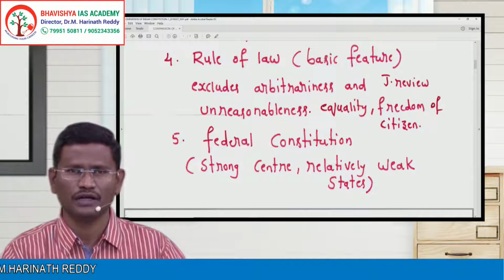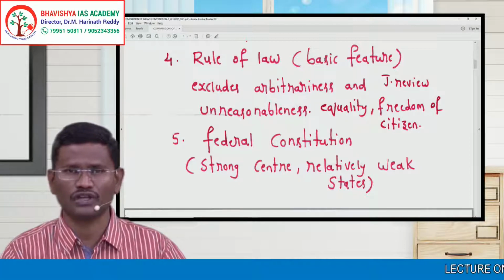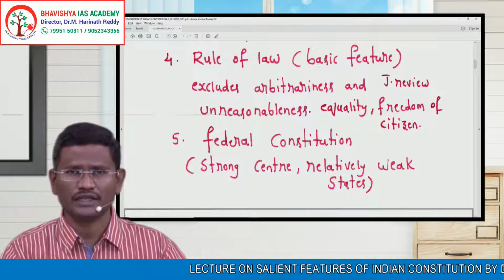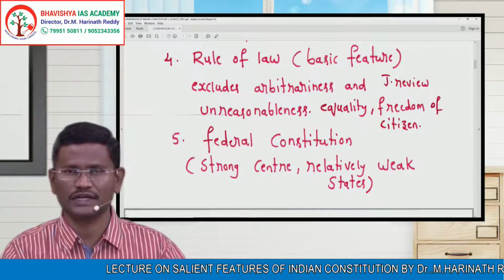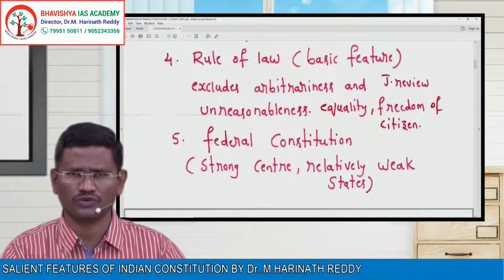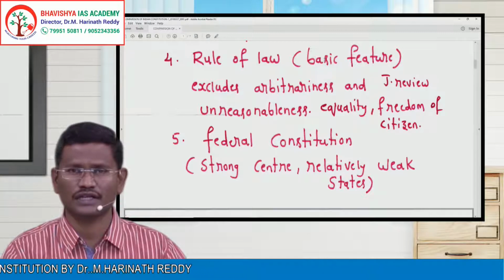But in India, the Constitution became federal for administrative convenience, and it is not the result of agreement among the states. So that's why in America, the states are very powerful and the center is relatively weak.